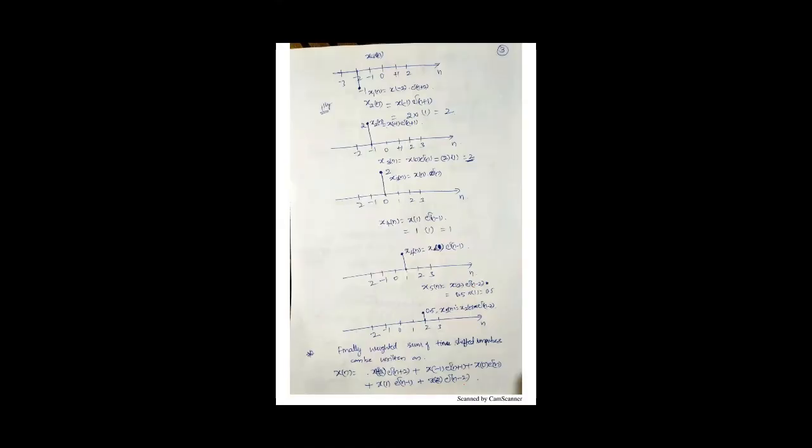This is also called the convolution sum equation. They will ask you these derivations for 8 marks or 6 marks. You should first find x of n as the summation, k is equal to minus infinity to plus infinity, x of k into delta of n minus k. That is why x of n is described in terms of shifted impulses.